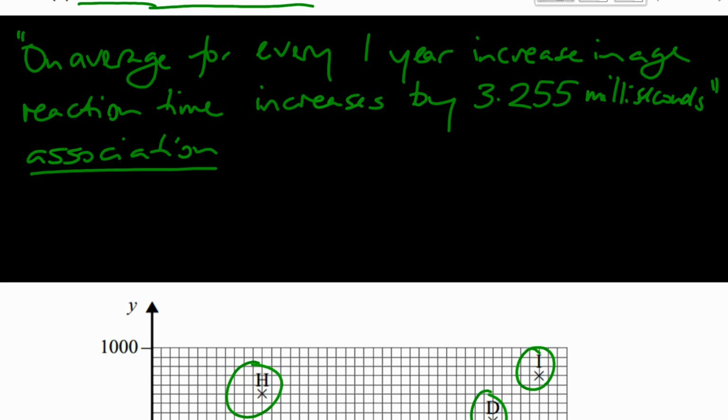Okay, however, in this case, I'd be adding a second line about reliability. However, the correlation is, now we've got a choice between strong, moderate or weak. In this case it's going to be weak.